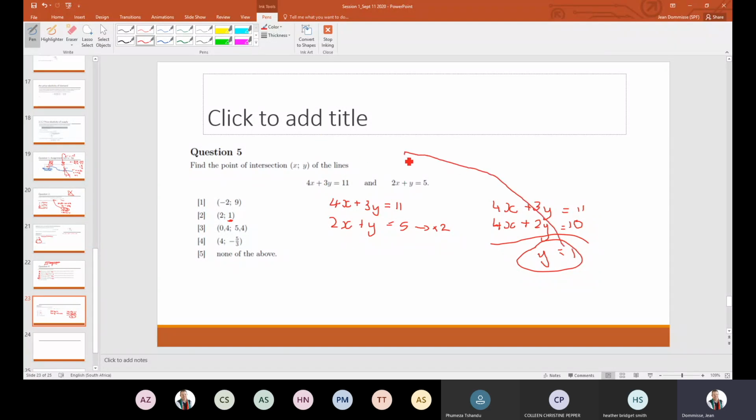So if I put y into this one, it basically is 2x plus 1 is equal to 5. So 2x is equal to 4. So your x is equal to 2. And that is what you have there.